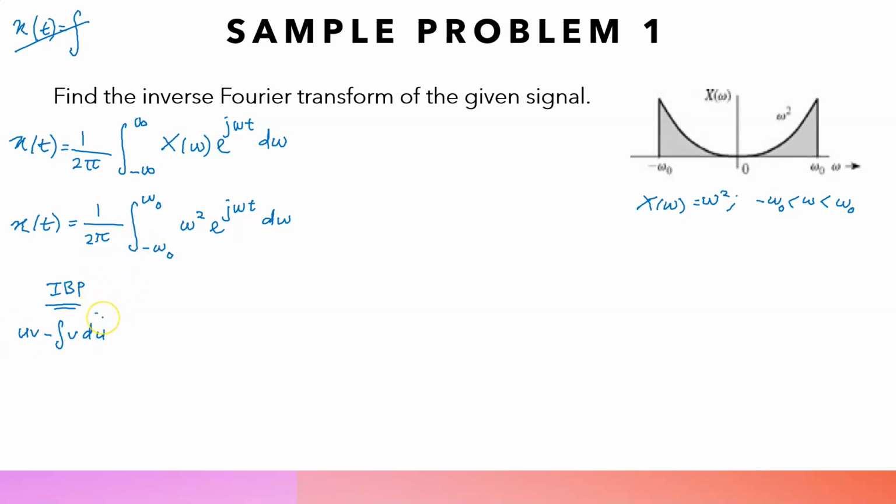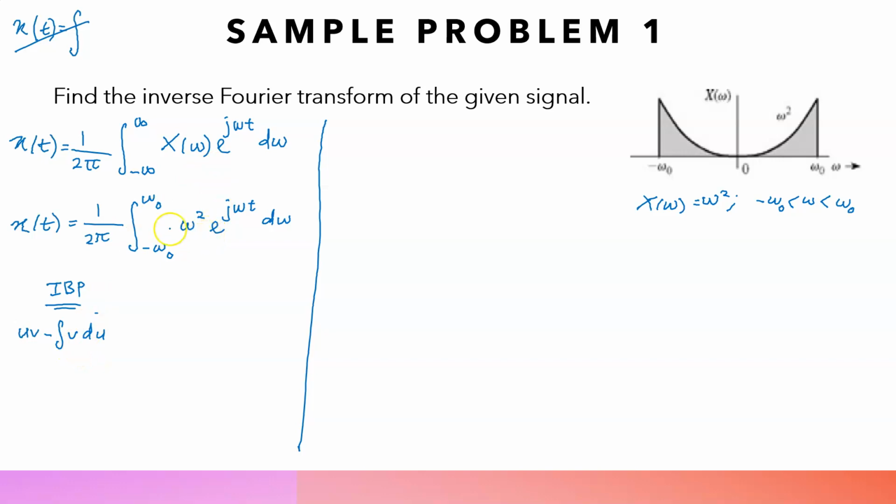Okay, so in this case, you can choose either omega square or e^(j omega t) as your u. Similarly, you can choose either one as your dv.